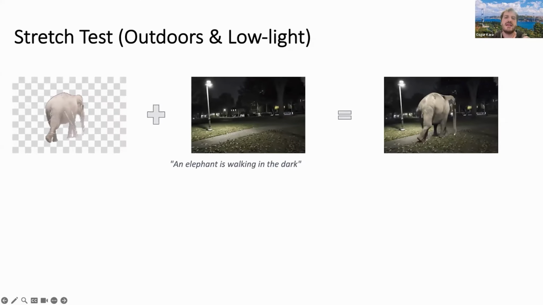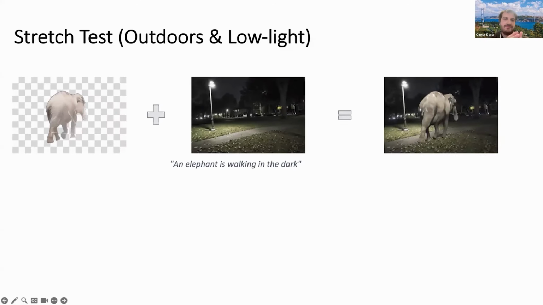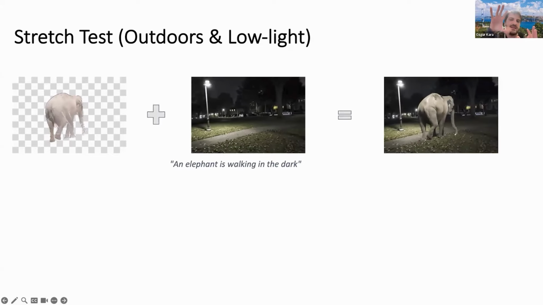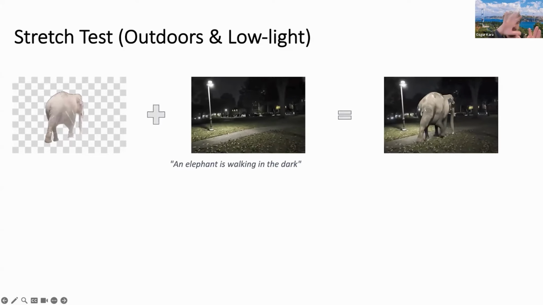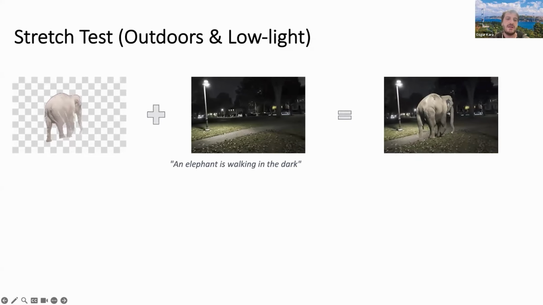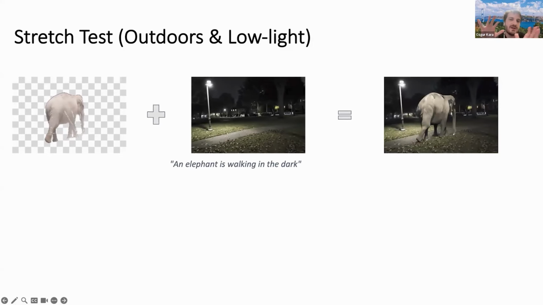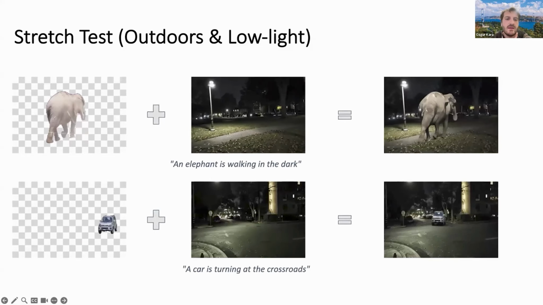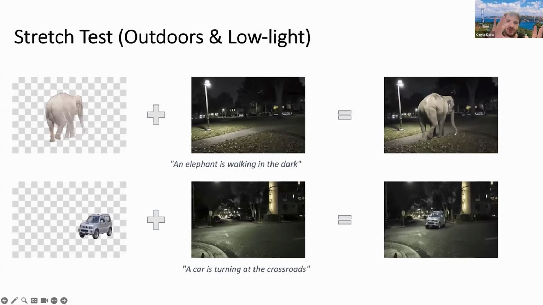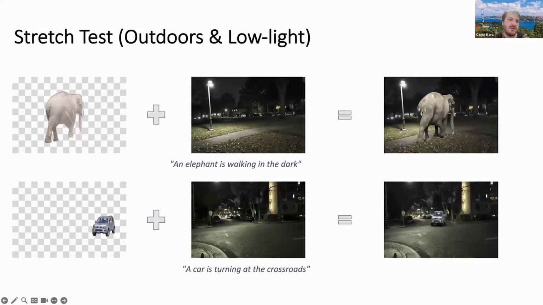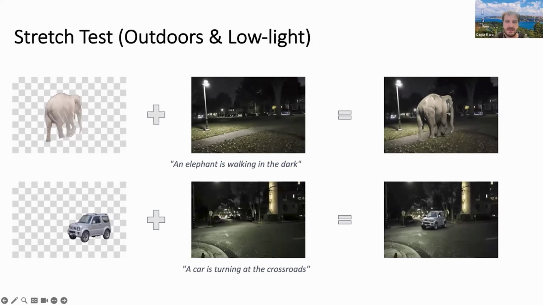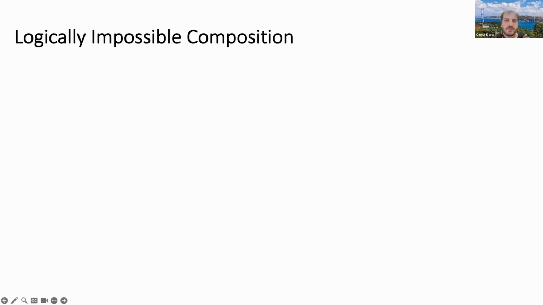We composited an elephant walking in the dark, and you can see how the light bulb or the lighting of the background is naturally generated on the parts of the elephant, and a car turning at a crossroads. Most parts of these videos are almost dark, and it still learns how to manage this lighting in this night scene.